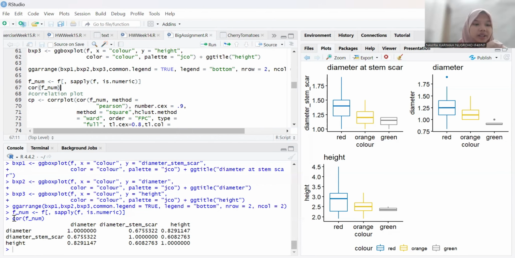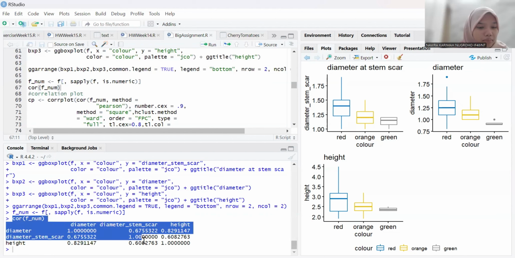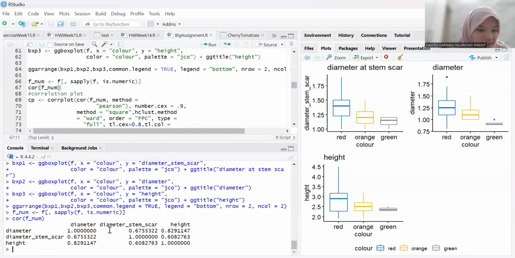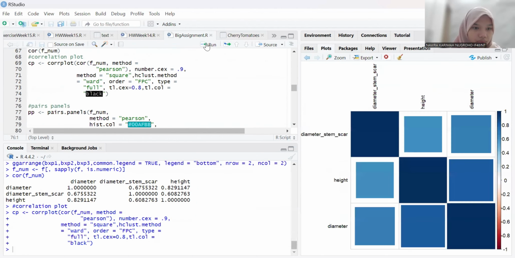For the correlation of the f_num dataset, we can see that the correlation between diameter of the tomatoes and height have the strongest correlation coefficient among others. This code visualizes the correlation plot of the 3 numerical variables.